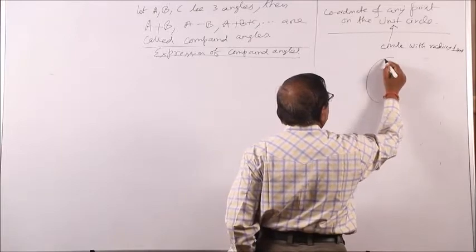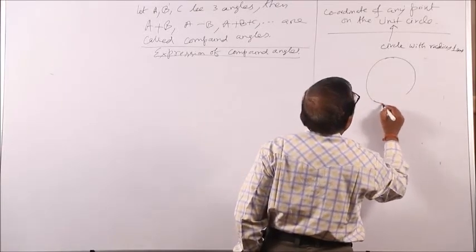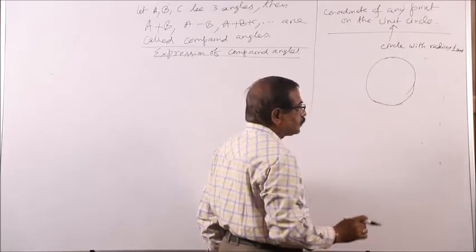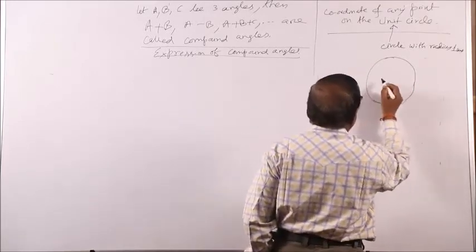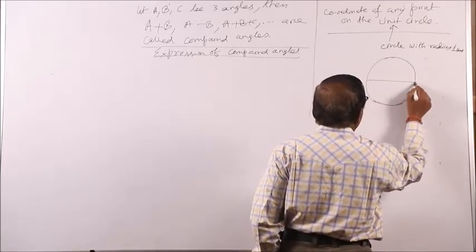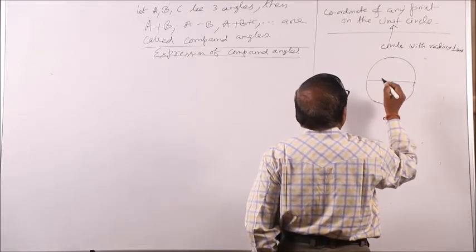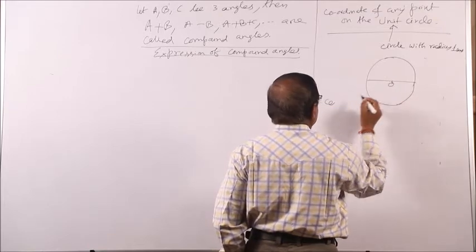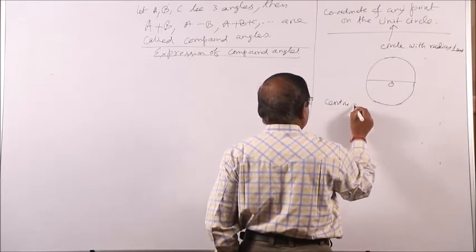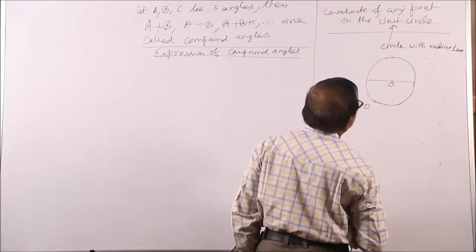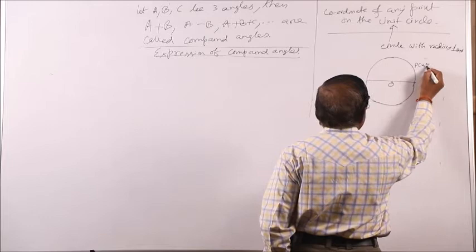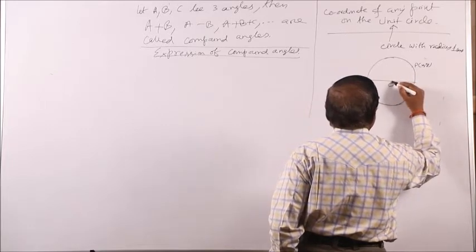Suppose this is the unit radius, yes sir, unit circle, with center at O, and P is any point whose coordinates are x, y.